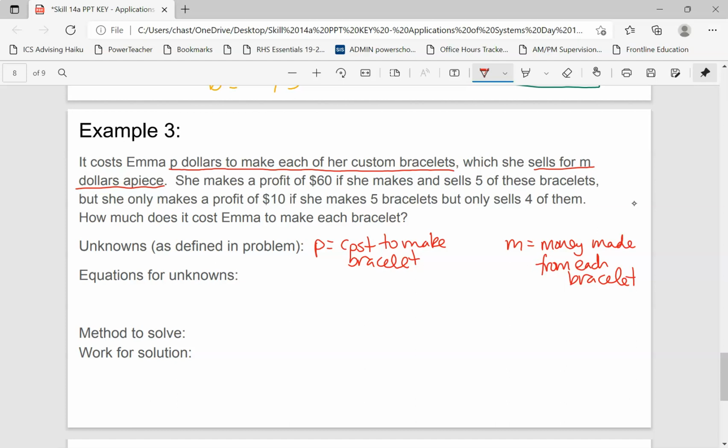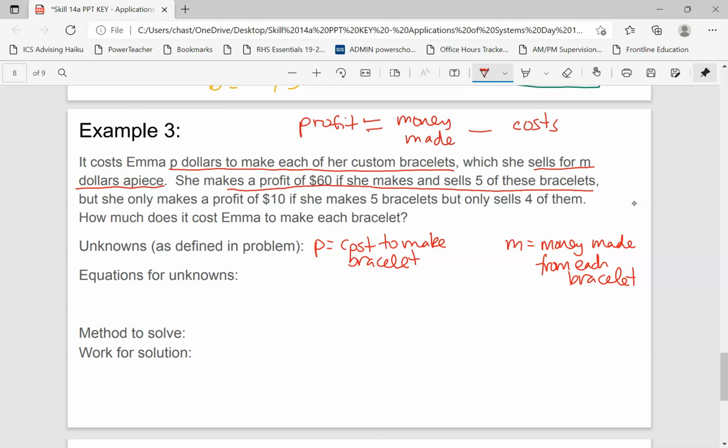Now, it says she makes a profit of $60, so we need to first remind ourselves, what does profit mean? Profit is going to be your money made, also known as revenue, minus the costs.